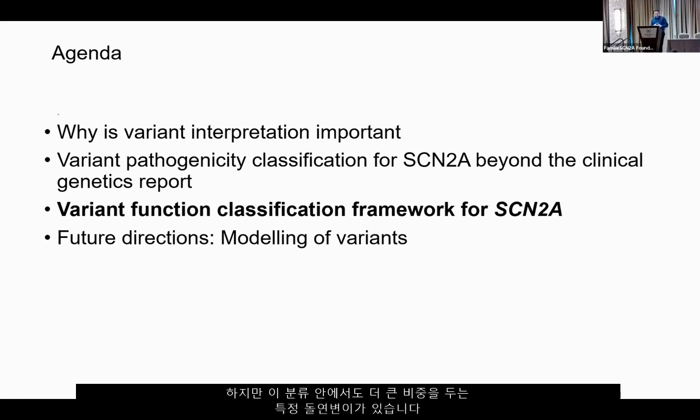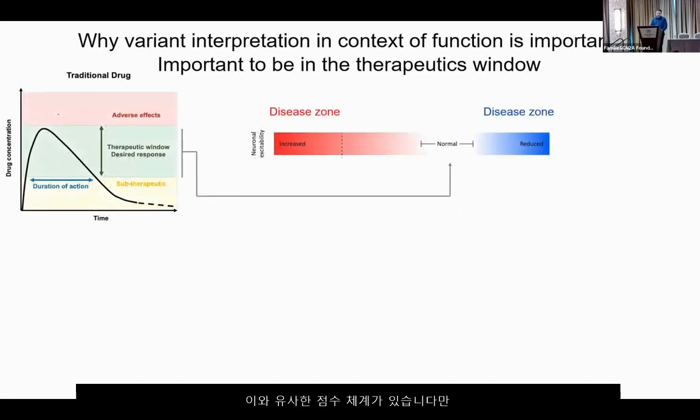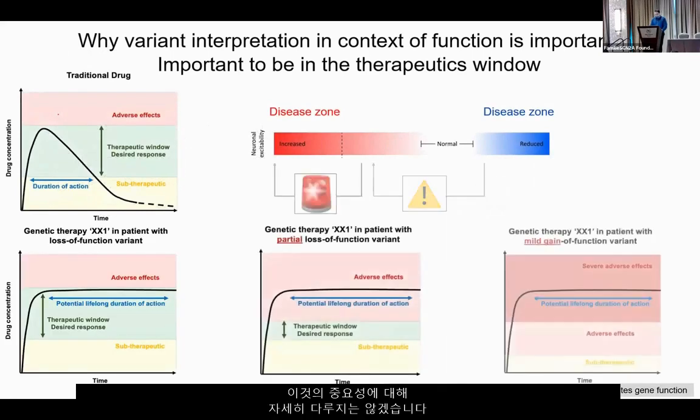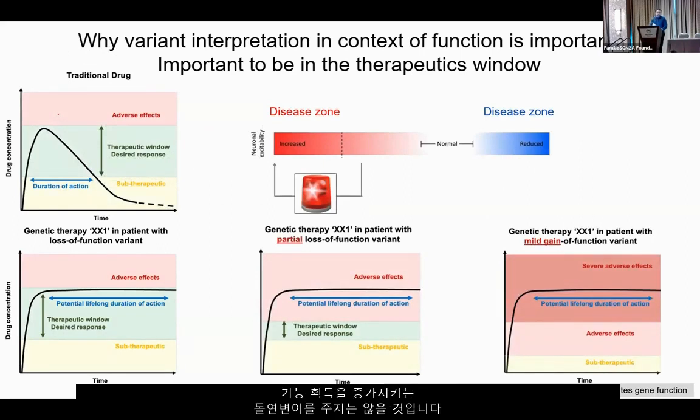But even within the classification, we have more confidence for certain mutations than for others. And we can generate a similar scoring scheme. I won't explain now the details why this is important. But long story short, you don't want to give someone who has a gain of function mutation something which is increasing the gain of function more, right? So we need to understand the disease mechanism.